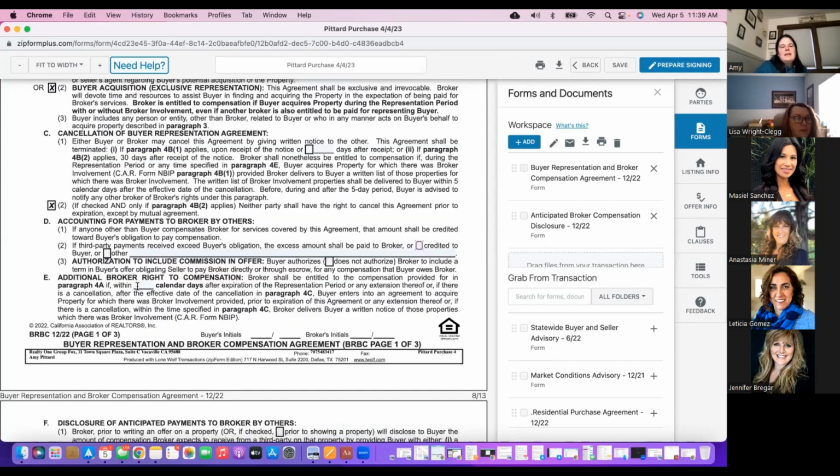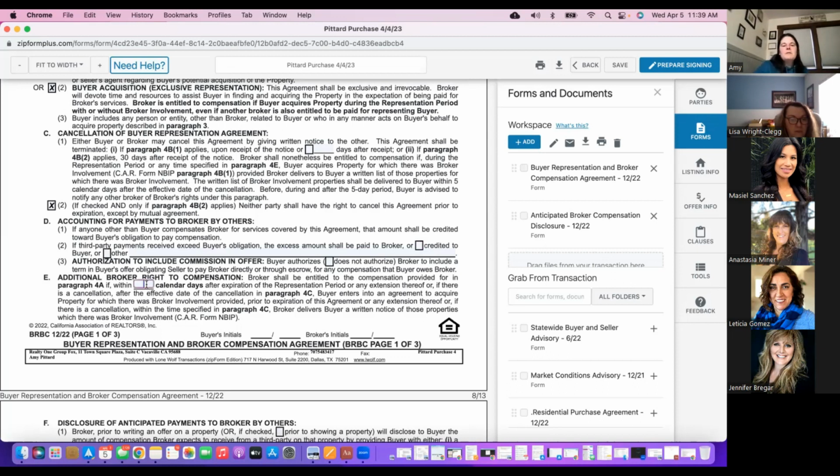If within blank calendar days after expiration of the representation period or any extension thereof, or if there is a cancellation after the effective date of the cancellation in paragraph 4C, buyer enters into agreement to acquire property for which there was broker involvement provided prior to expiration of this agreement or any extension thereof, or if there is a cancellation within the time specified in paragraph 4C, broker delivers to buyer a written notice of those properties to which there was broker involvement, CAR form MBIP.